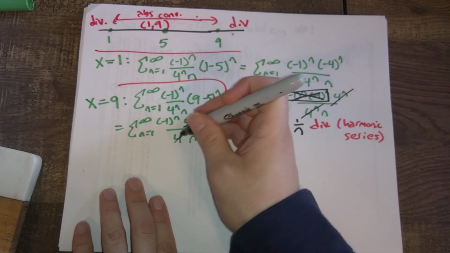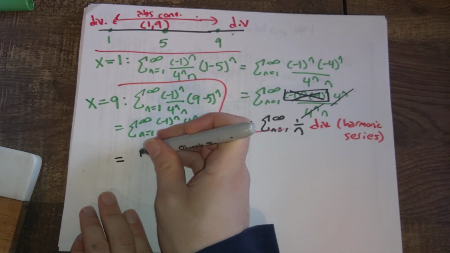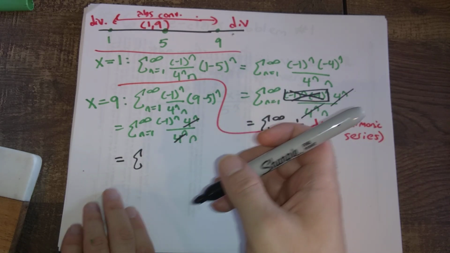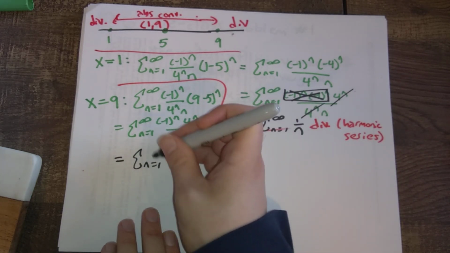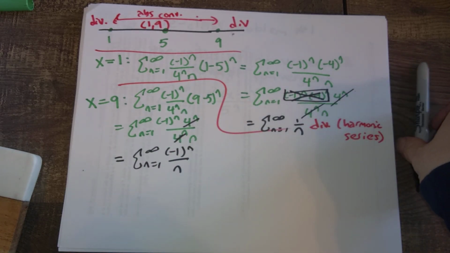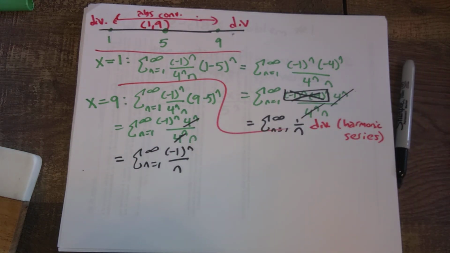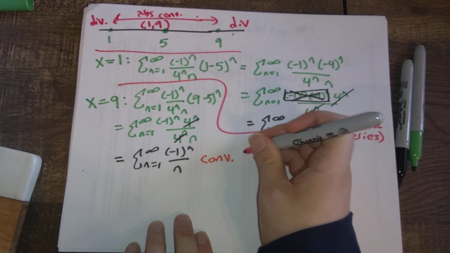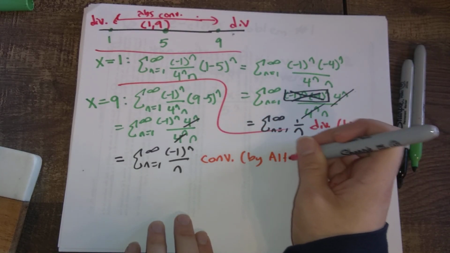So cancel, cancel. And what are we left with? We are left with the sum of (-1)^n over n. And so this is the alternating harmonic series. This is going to converge by the alternating series test.